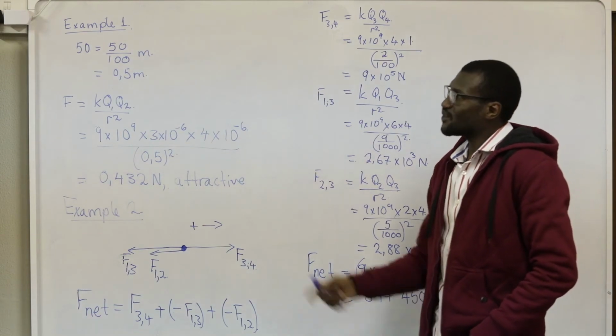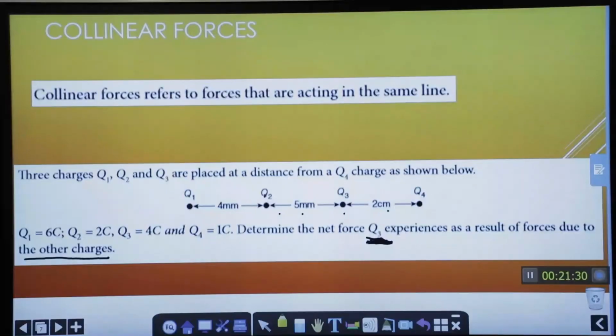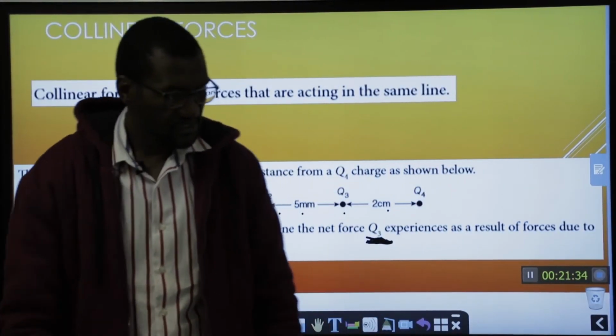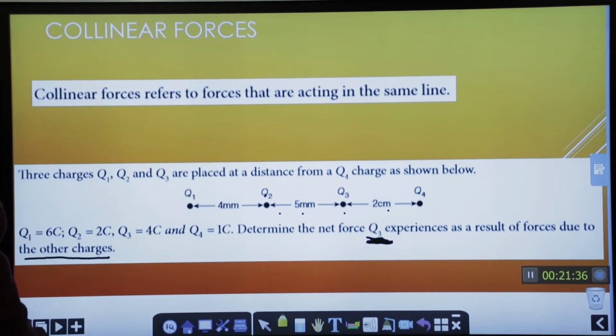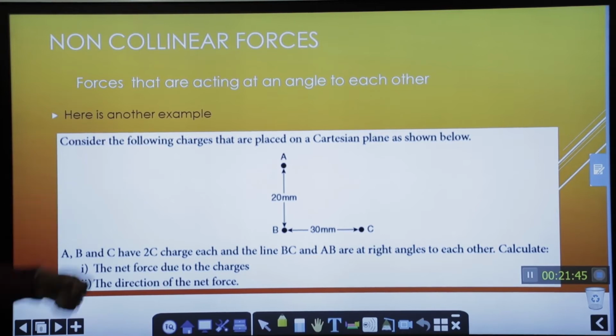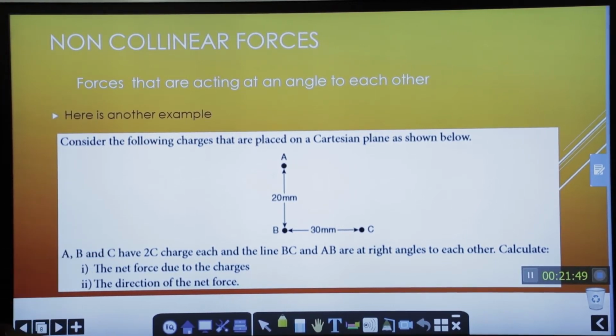All right, now if they are not collinear, what are they? What happens if forces sometimes are not collinear? How do they occur? Like, for example, what we call non-collinear forces, forces that are acting at an angle to each other. Here's another example.